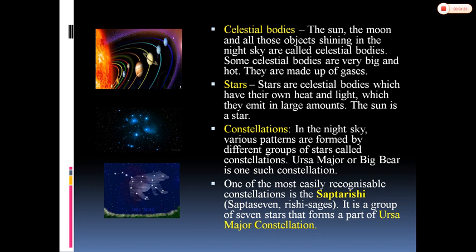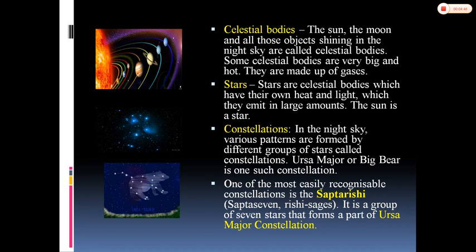Countless twinkling stars in the night sky are similar to the sun, but as these stars are very far from the earth, we cannot feel their heat and light, and they look tiny in the sky.